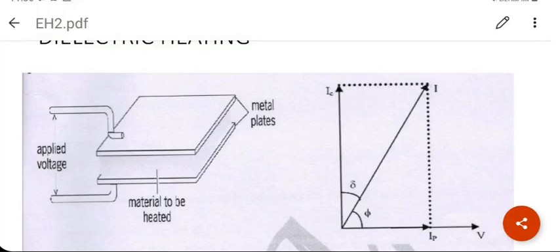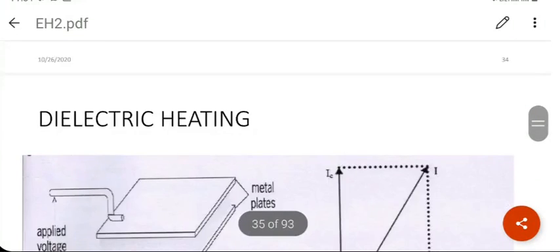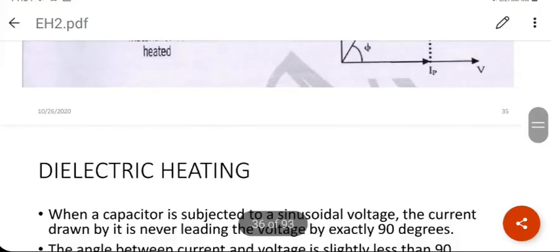The nature of the material has to be lossy, then only heat will be produced. Forget the diagram on the right hand side. I'll come to it a little later. But dielectric heating is conceptually described by this diagram all the time. If the material is lossless, you cannot produce heat. It is the losses in the material that are responsible for producing the heat.